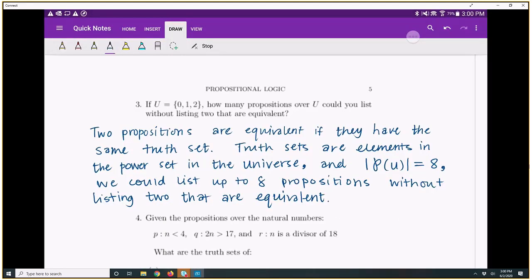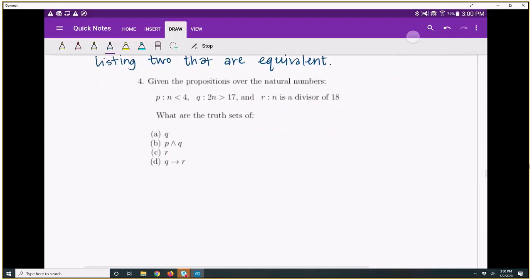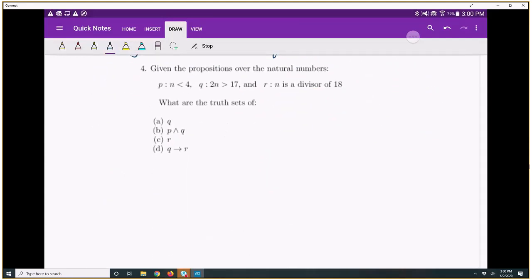All right, question 4. Again, we're given 3 propositions, P, Q, and R, and we want to find their truth sets. We're told that the universe is the natural numbers. So we're looking for, first, the truth set of the proposition Q, which is, the proposition is 2n is greater than 17.